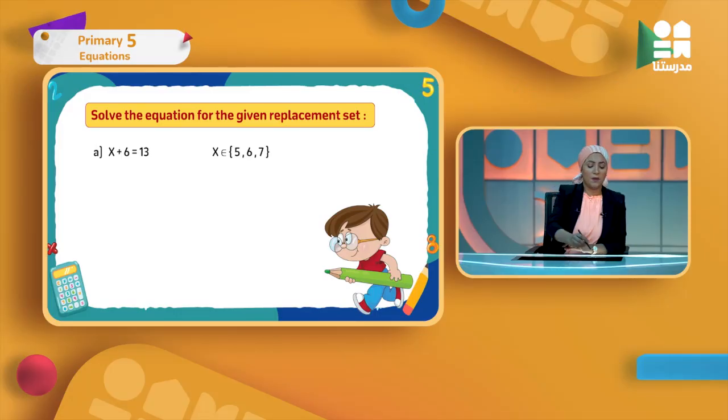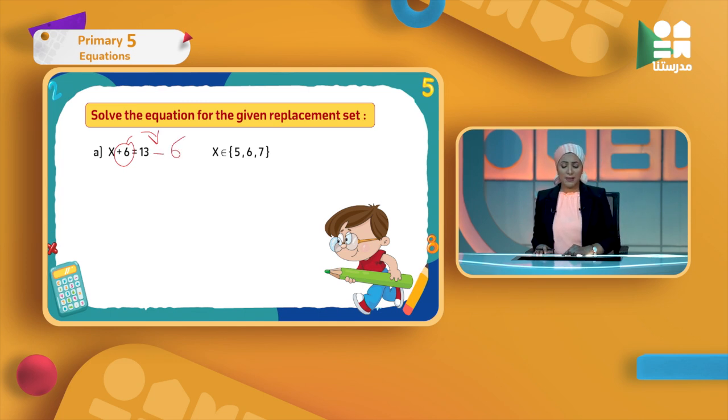Here, x plus 6, I will take the 6 on the other side as minus 6. So 13 minus 6 is 7. Then the element 7 is my right answer.